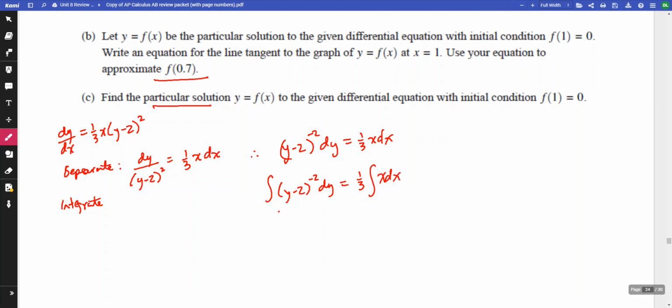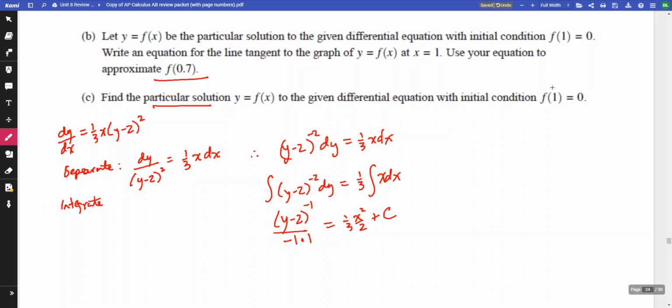For the left side, add 1 to the exponent. We see that this is linear inside, so divide by that exponent and then divide by the linear coefficient, which for y is 1 here. And on the right, 1/3 x squared over 2, and we need plus a constant of integration.